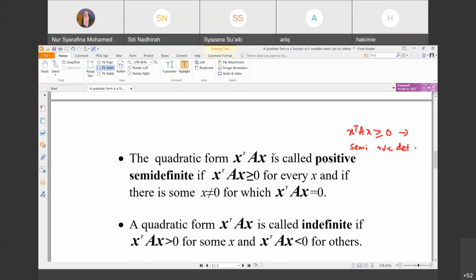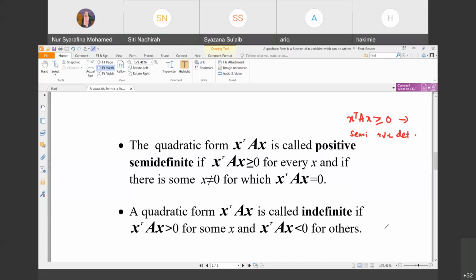Okay, so this x^T A x here is the quadratic form. Then we can classify it into 3 types: positive definite, positive semi-definite, and indefinite. So what if it is indefinite? Maybe there is a positive value and also a negative value in matrix A. Okay, later we can discuss how we can identify the value.